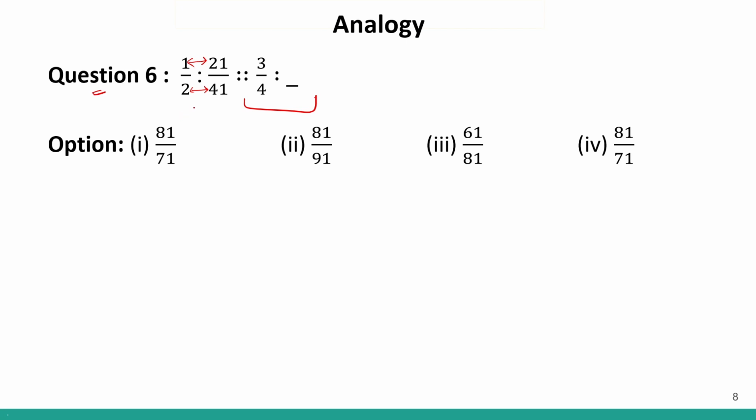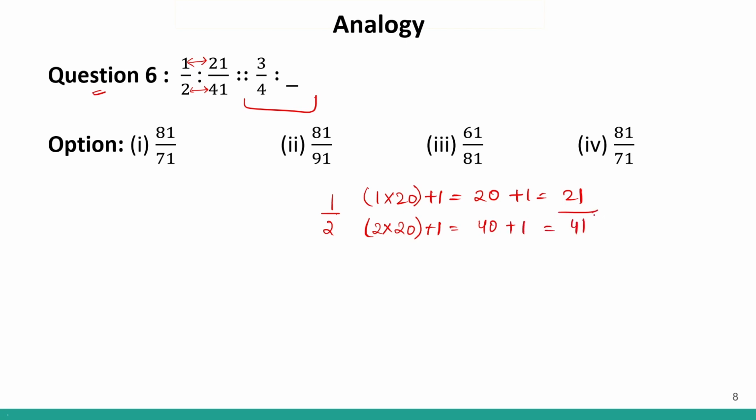Basically, 1 into 20 plus 1, how much will it be? 21. Similarly, 2 into 20 plus 1, so 40 plus 1 will give me 41. Correct? This is the logic. By this logic, I can make 1 into 2 by 21 into 41.